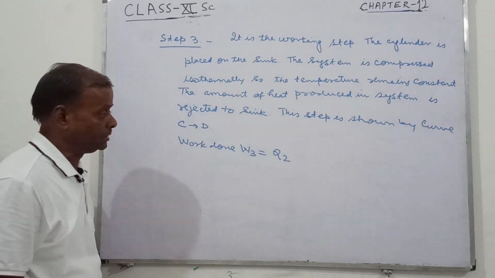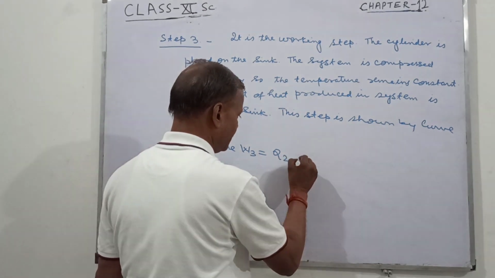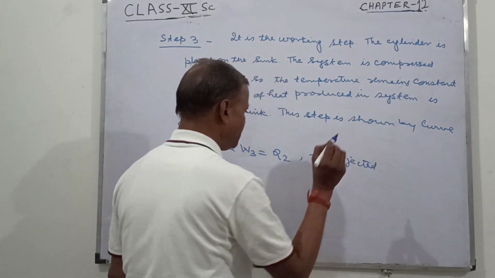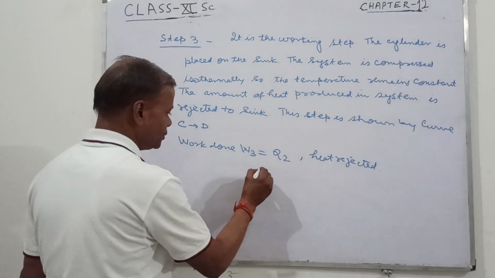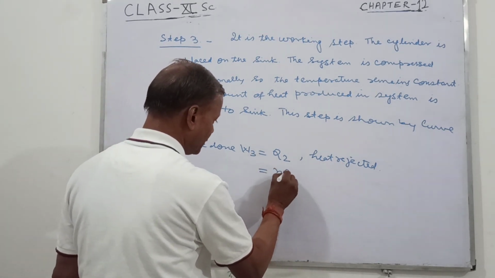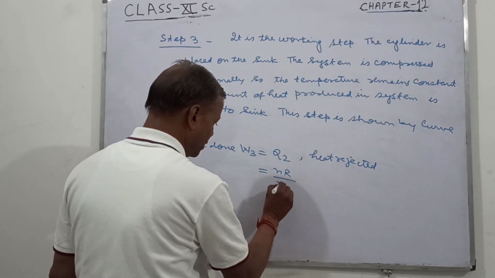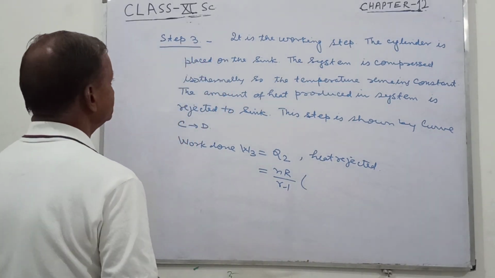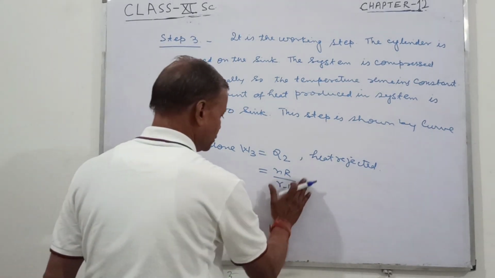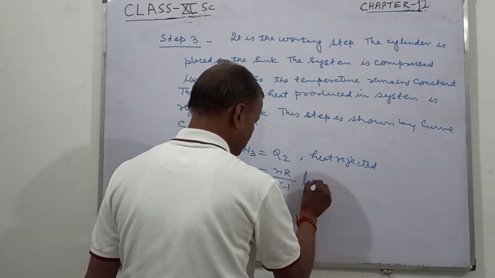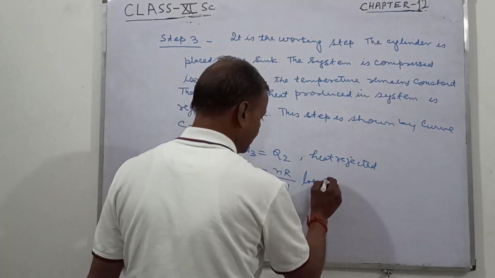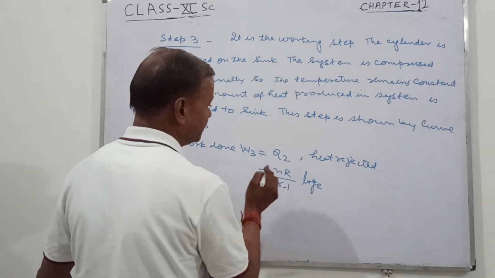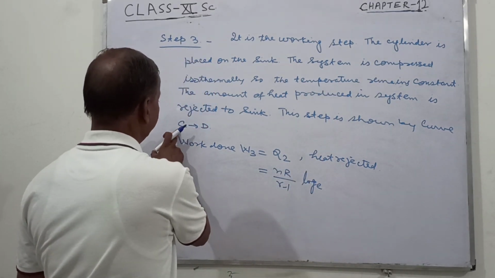Q2 is what? The heat rejected. So this is equal to nRT2 log e, and the pressure will become P3 V3 on the system.